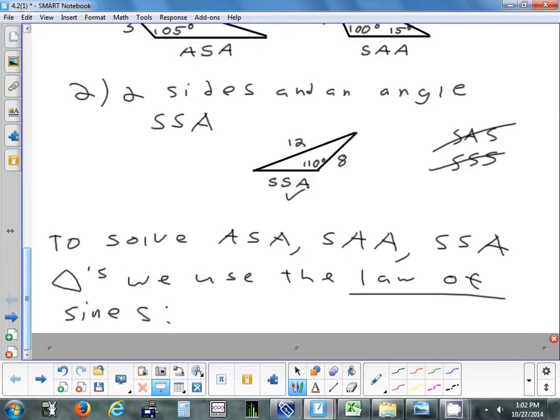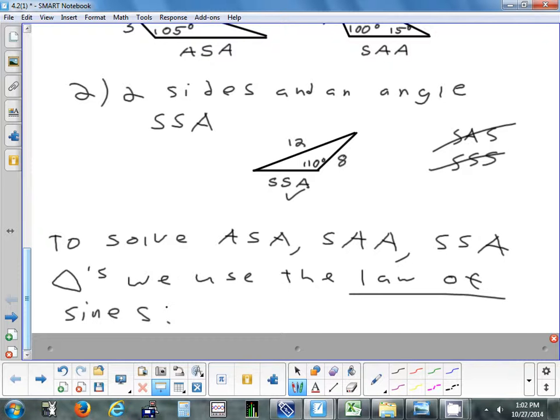Anybody know the other law? We're going to learn this on Wednesday. But there's a law of sines and there's a law of cosines. Law of cosines would be used for side, angle, side, and side, side, side. When you start to learn the law of cosines, you'll see that it actually kind of looks like the Pythagorean theorem.